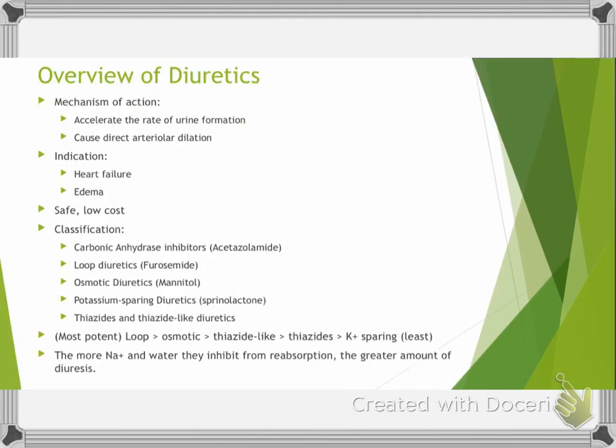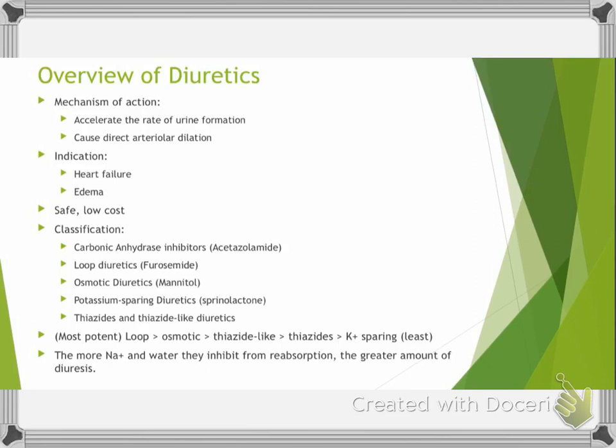So the mechanism of action of diuretics, basically, they accelerate the rate of urine formation, which will decrease the intravascular fluid volume, which will decrease blood pressure. They cause direct arteriolar dilation, which will decrease systemic vascular resistance.